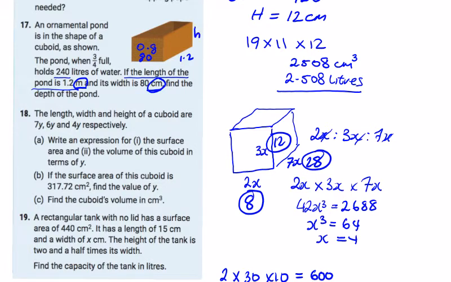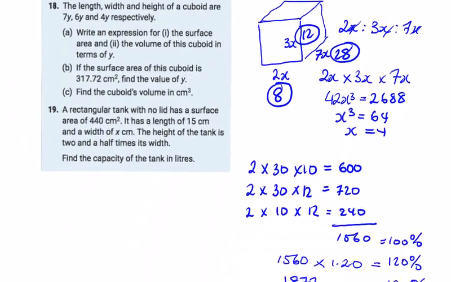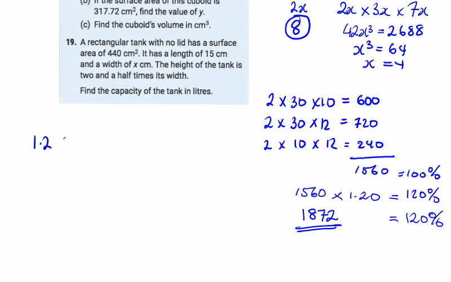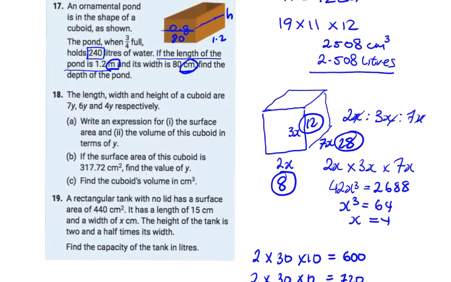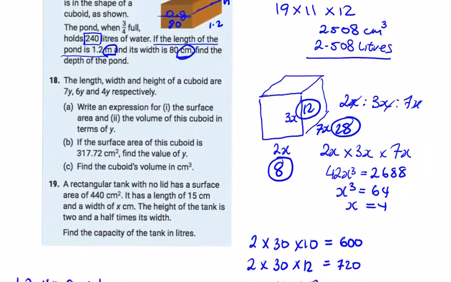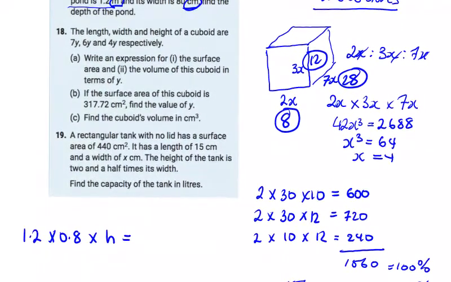We don't know the height, but when it's 3/4 full, we know the volume. Okay, so we don't need much information here. So we have 1.2 by 0.8 by the height is equal to 240 liters of water.